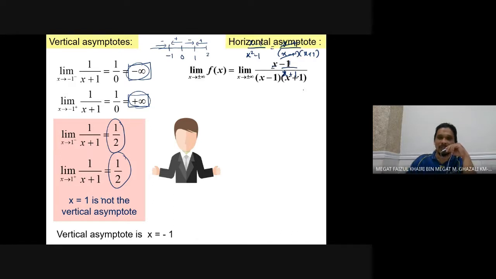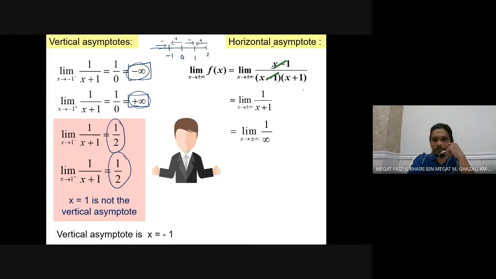So then the horizontal asymptote, for x approaching positive or negative infinity, this one approaches 0.